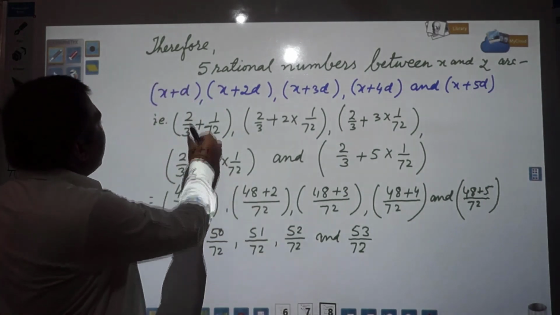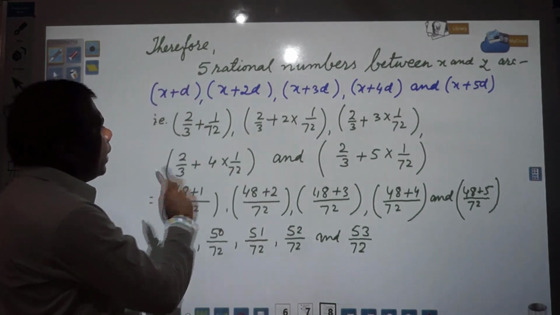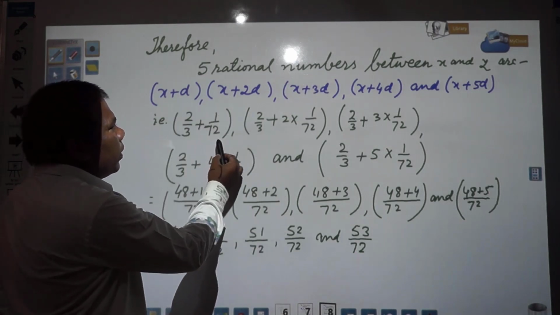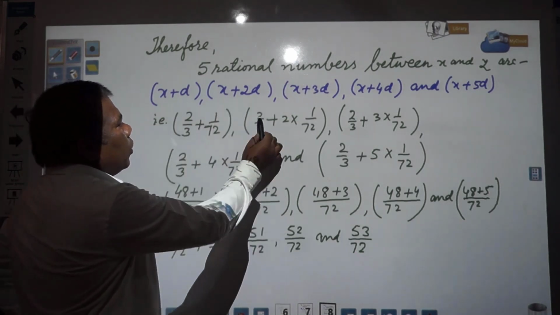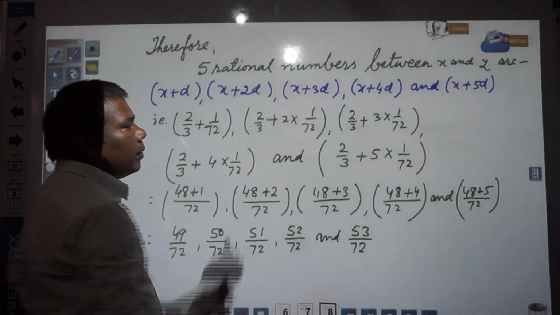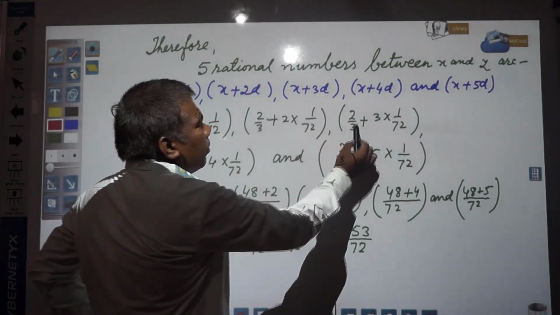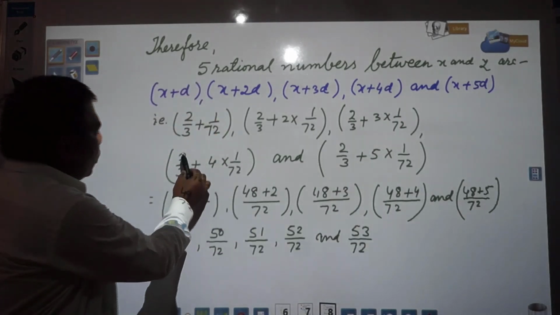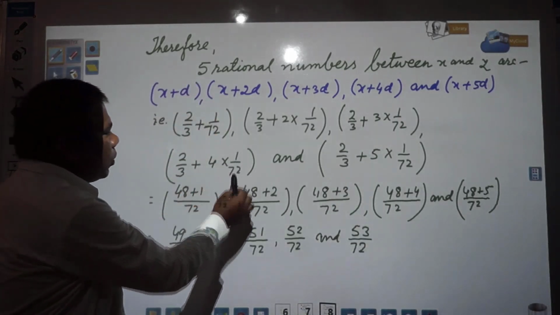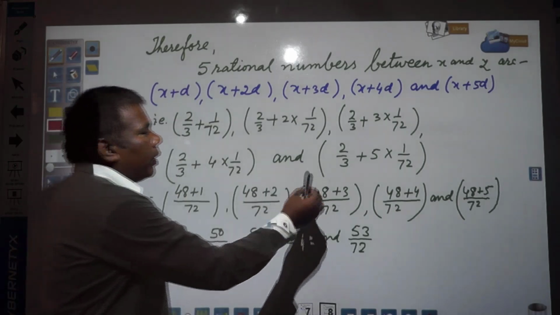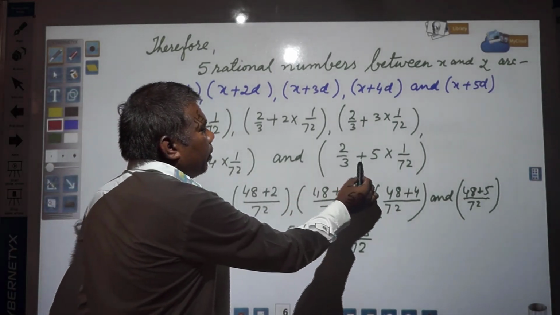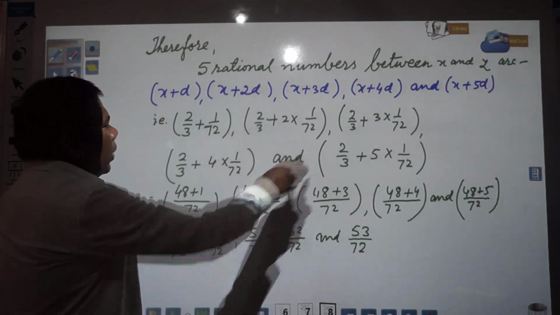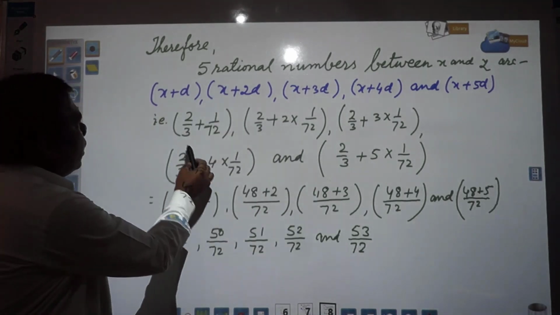So here you see, x is equal to 2 by 3, plus d which is 1 by 72; x plus 2d, 2 by 3 plus 2 into 1 by 72; third number 2 by 3 plus 3 into 1 by 72; fourth number 2 by 3 plus 4 into 1 by 72; and fifth number 2 by 3 plus 5 into 1 by 72.